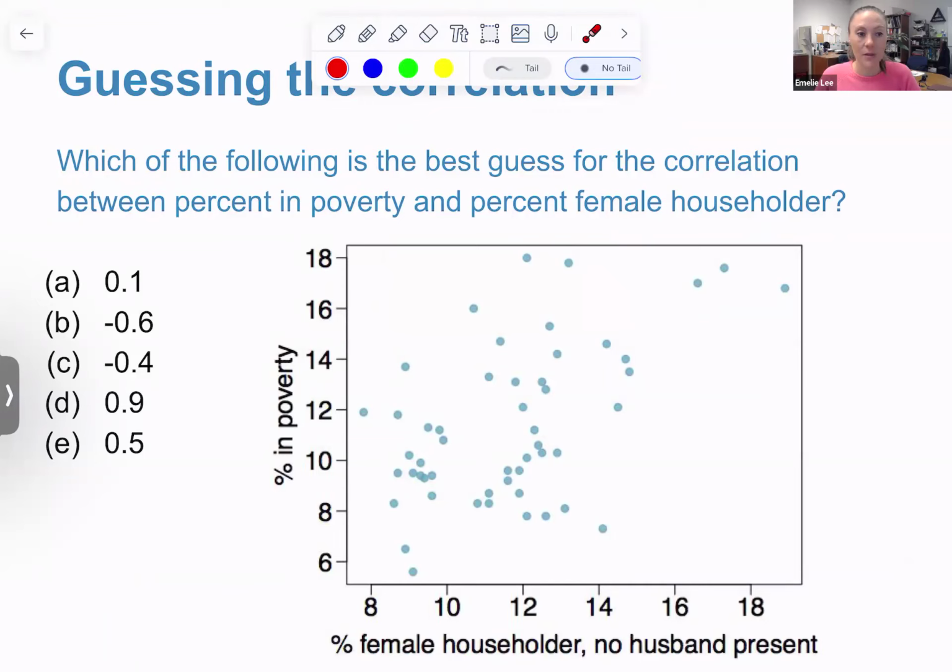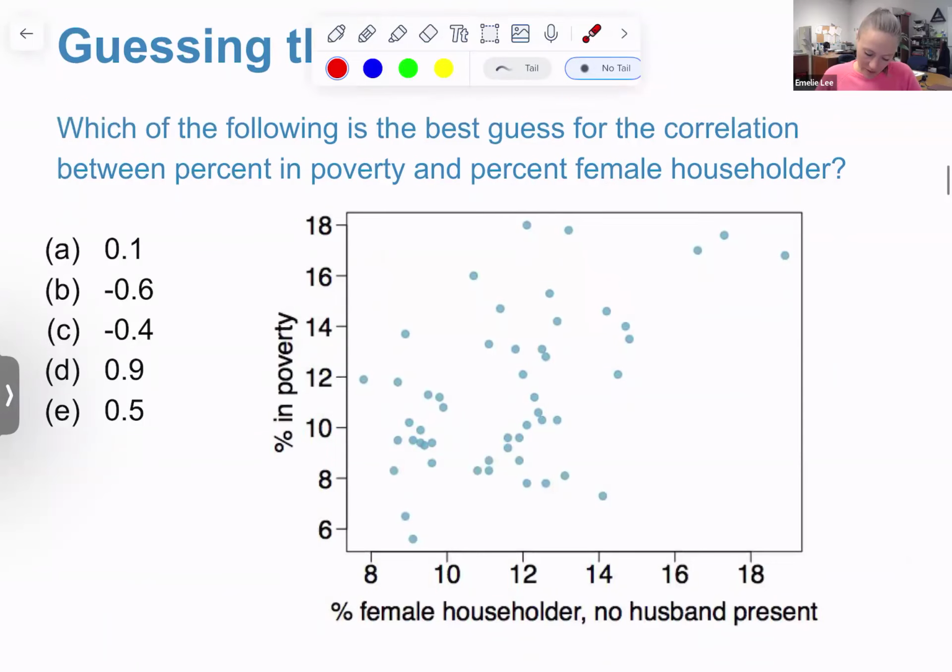Just another example of doing the same thing. Okay, let's see here. We've got the percentage in poverty again, but now we have a new explanatory variable, the percentage of female householder, no husband present. And so just another variable that they've collected that they're interested in. And here, we don't really see a relationship.